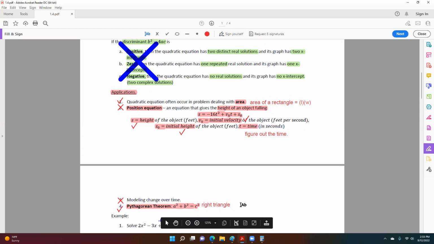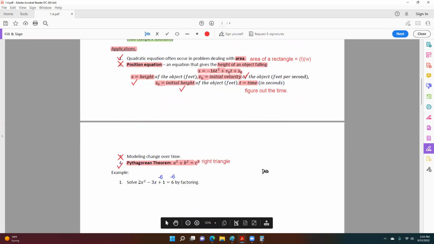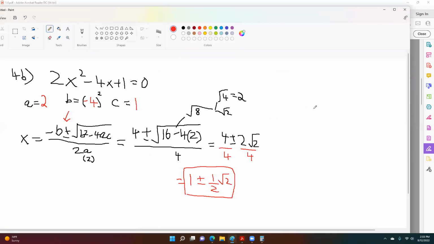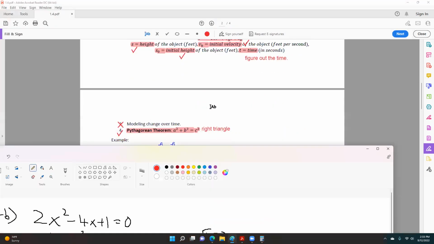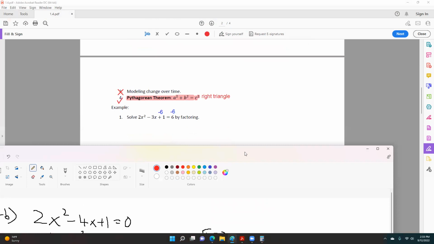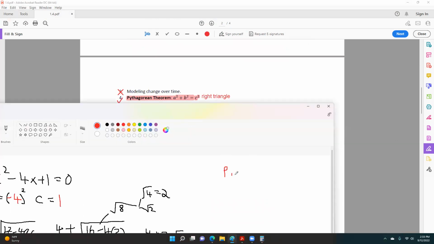And I think you guys know which one is A and B and C, right? Anyone? So using the Pythagorean theorem, it only works for right triangles. Right triangle means it forms 90 degrees.